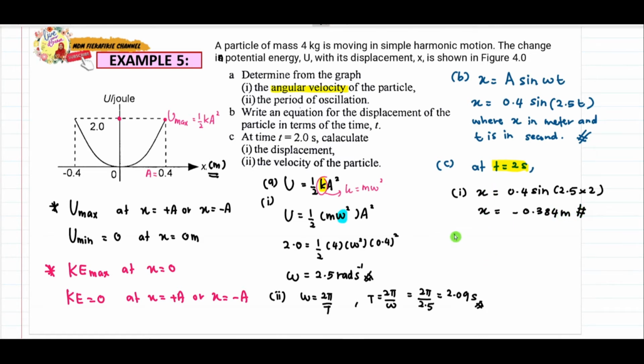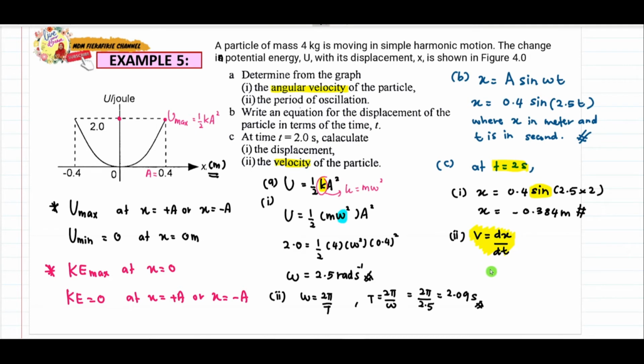Okay, and for the second part, we want to find the velocity at t is equal to 2 seconds. We don't have the equation of velocity. So we need to write the equation of velocity. We need to differentiate. We know that v is equal to dx over dt. Okay, try to practice how to differentiate. Differentiating sine will give you cos.